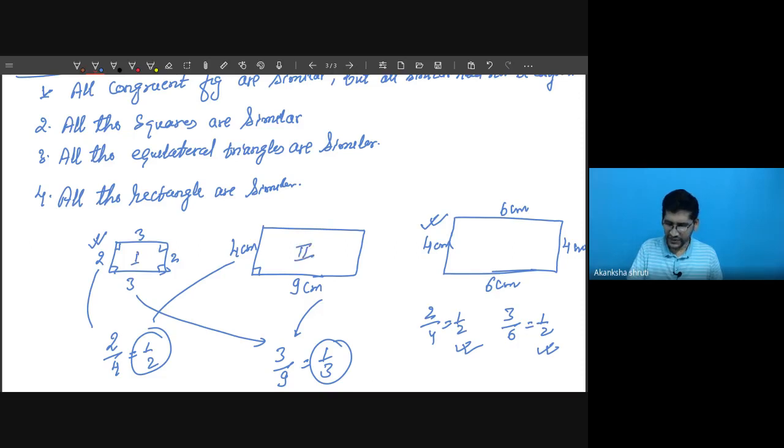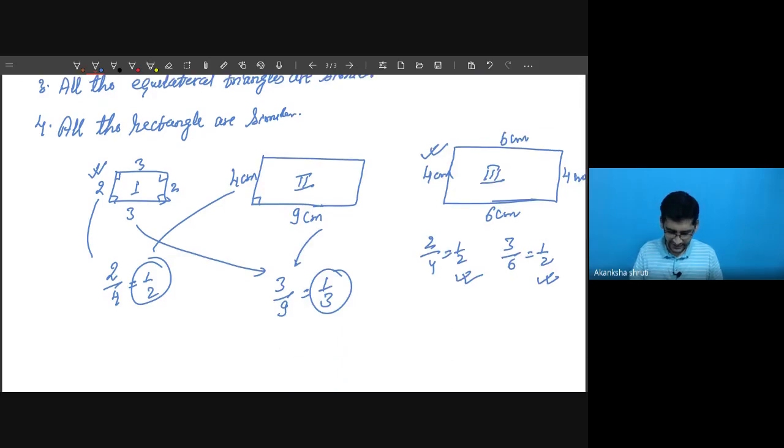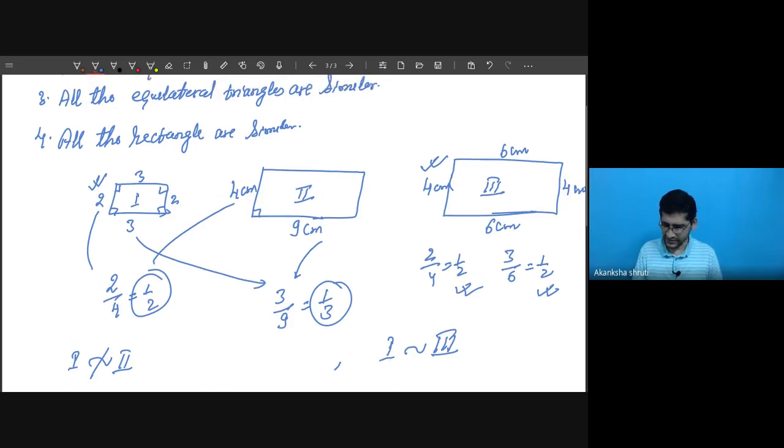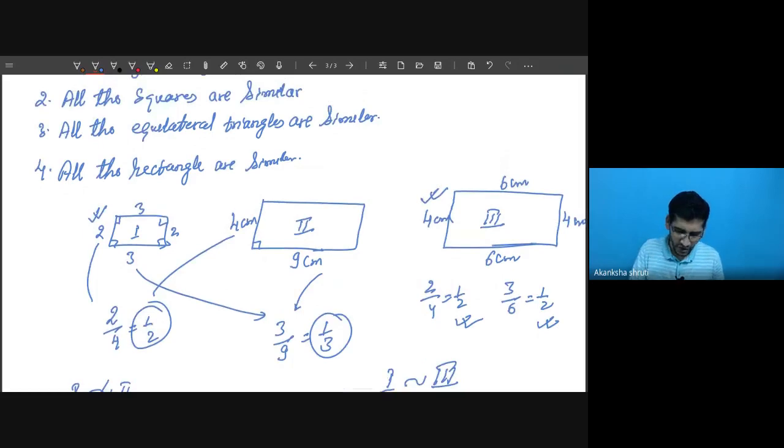So let me name the rectangles as rectangle 1, 2, 3. We can say rectangle 1 is not similar to rectangle 2, but rectangle 1 is similar to rectangle 3. You may give the names ABCD or PQRS, or write in a similar way. So all the rectangles need not be similar.